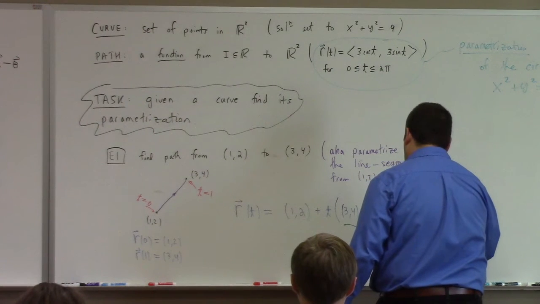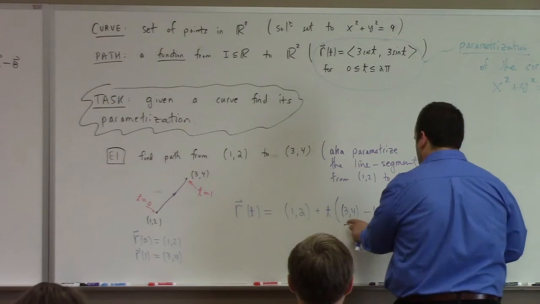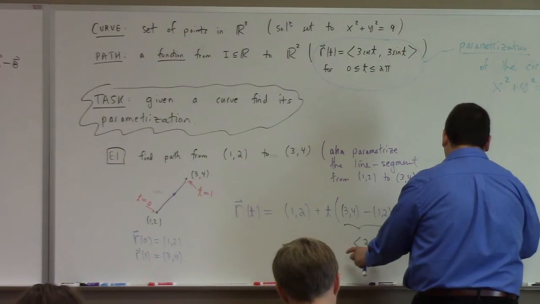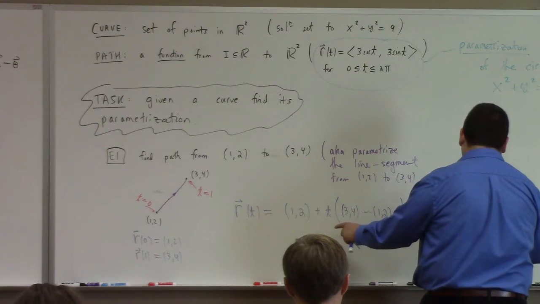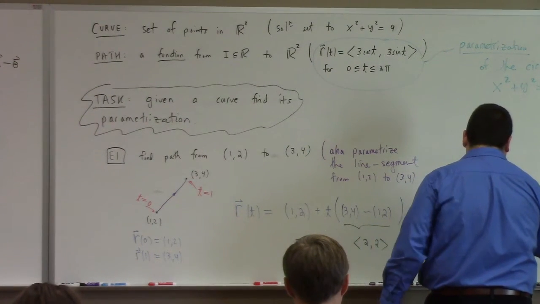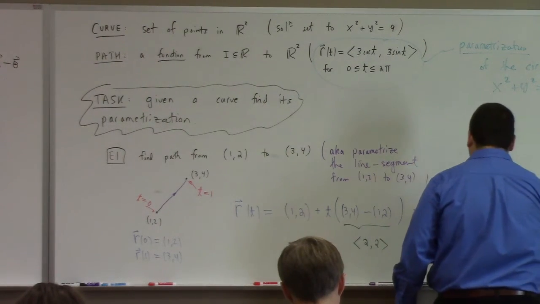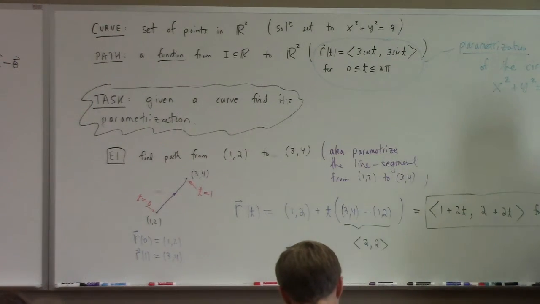Let me clean it up here a little bit. So this works out to 2, 2. So that's 1 plus 2t, comma 2 plus 2t, for 0 less than or equal to t less than or equal to 1. And there you go. That is the path which parametrizes that line segment in vector form.